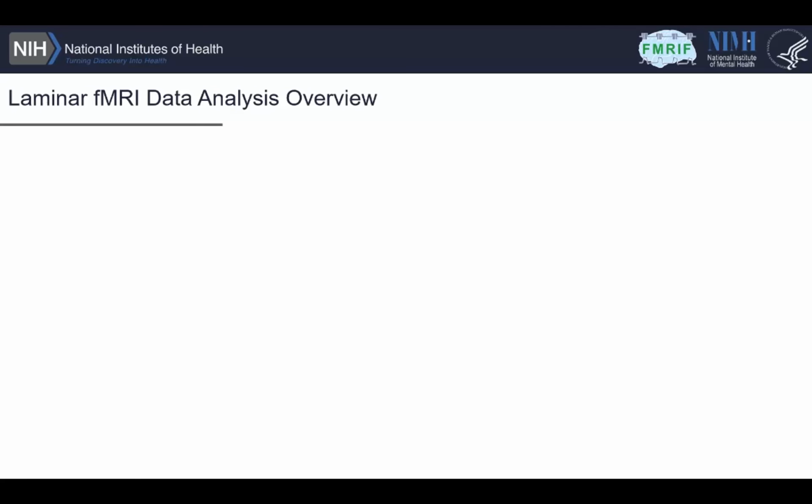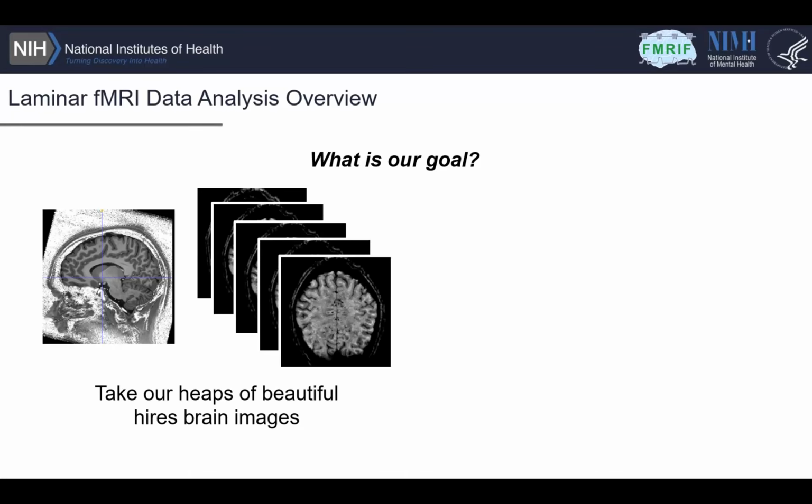So to that point, laminar fMRI data analysis essentially has one primary goal, or at least a lot of our studies fall into this category. We want to take our heaps of beautiful high-res brain images that we got yesterday from Saskia and Renzo.